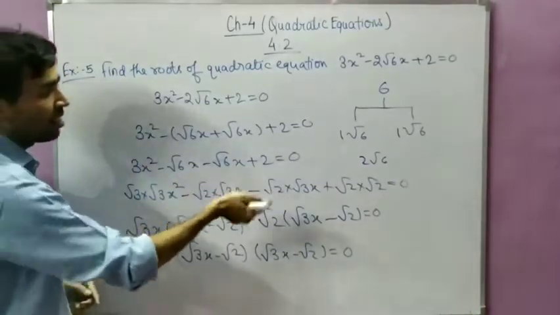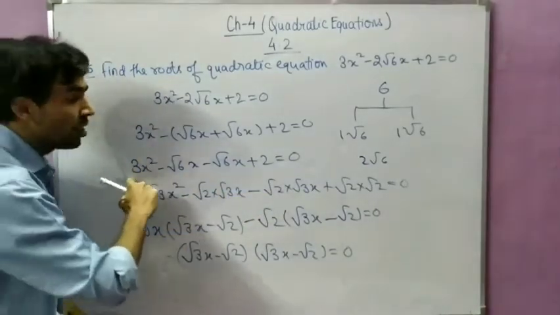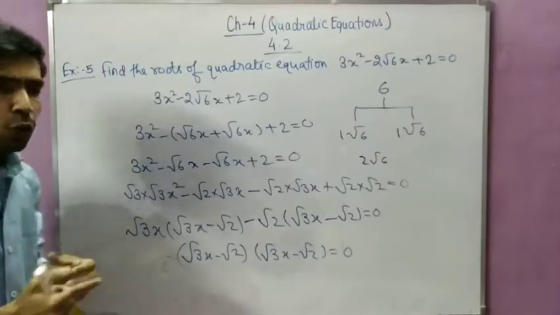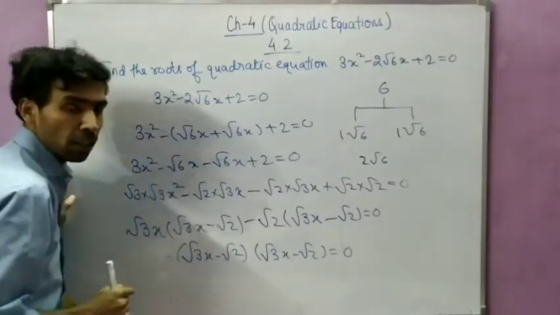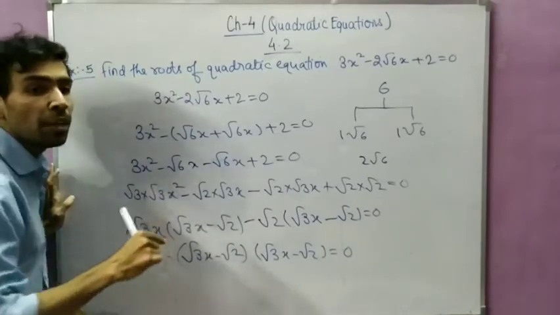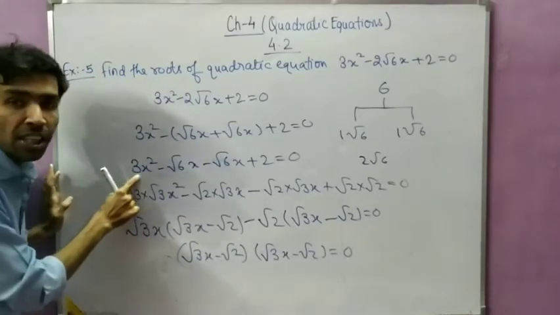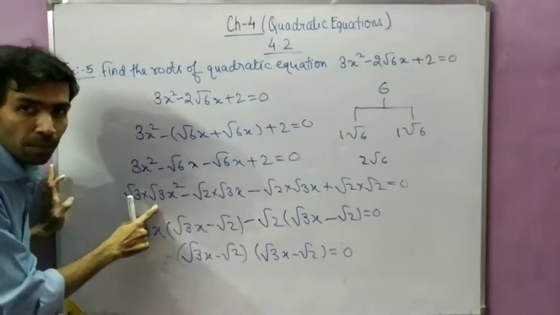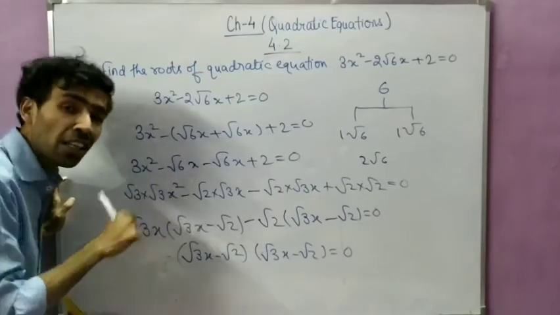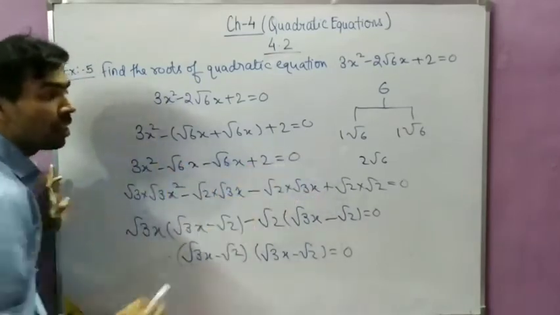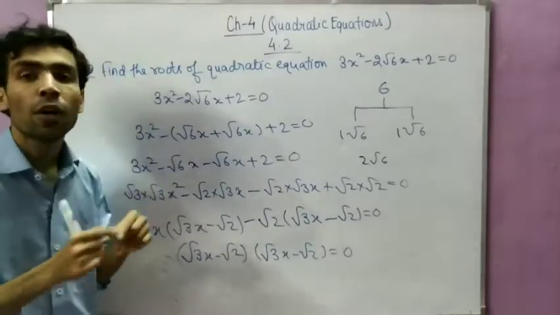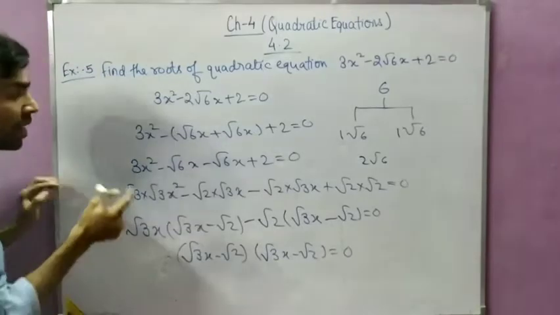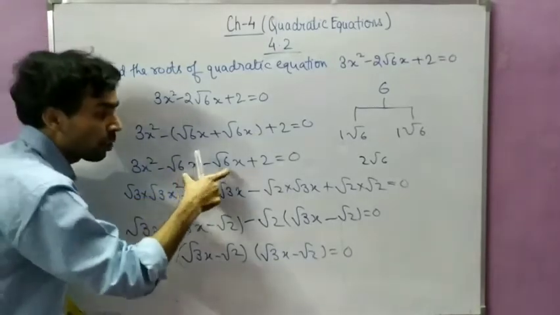After applying this, we have come to this step. After that, we don't know how to take common. So in each term, because roots are there, I have changed every term into root form. This 3 can be written as root 3 into root 3. I have done this for taking common, because by seeing them directly we cannot assume which term will be common.